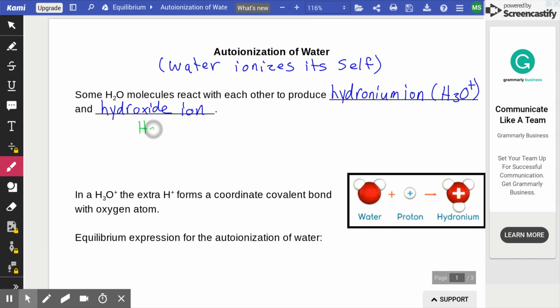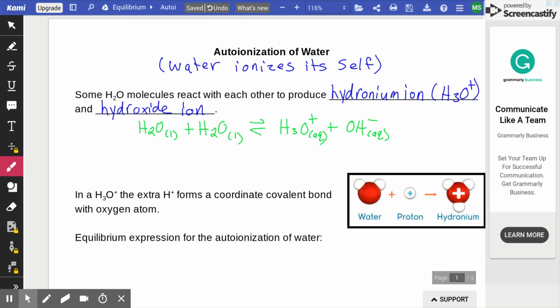We have 2 water molecules as reactants, and they're in an equilibrium with a hydronium ion and a hydroxide ion. And both of these are aqueous because it's not all water that does this.